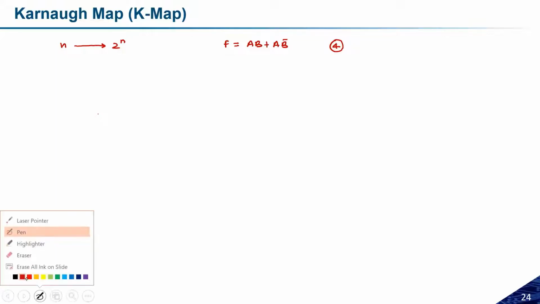Let me write a few things here: two variable K-map for min term and max term. Let us discuss both.